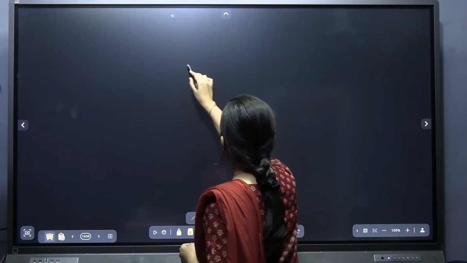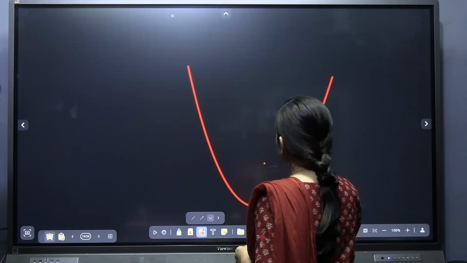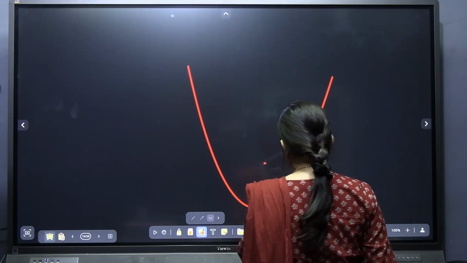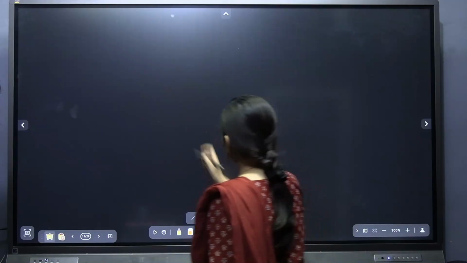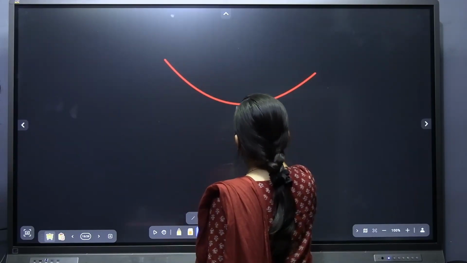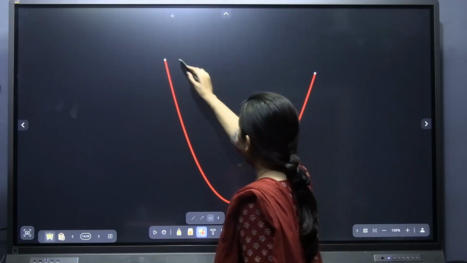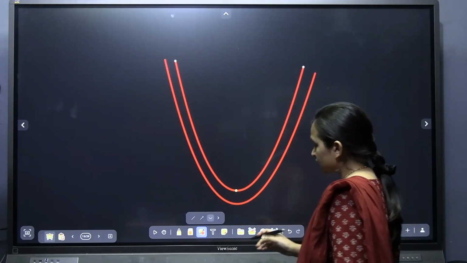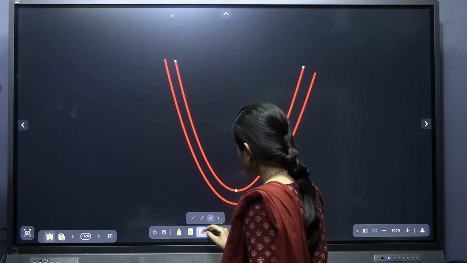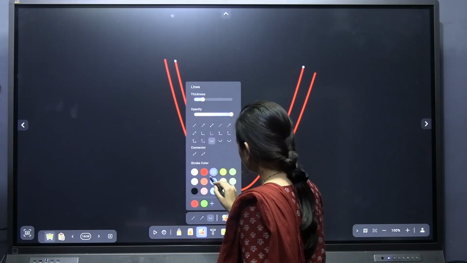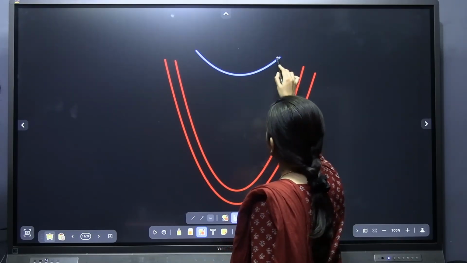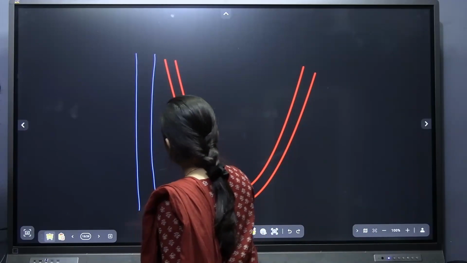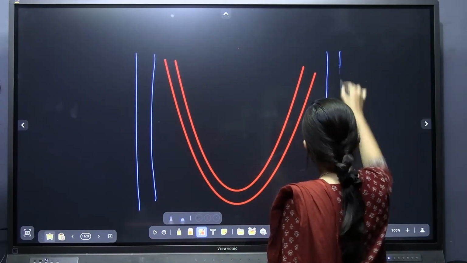So, what is counter current mechanism? If this is the loop of Henle, and we can see the vasa recta here, isn't it?